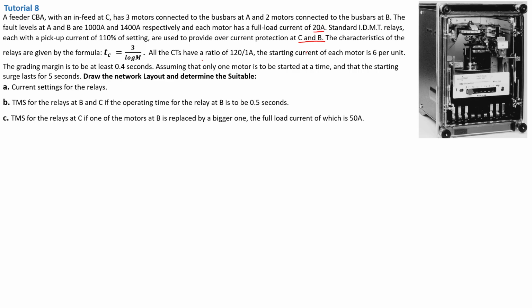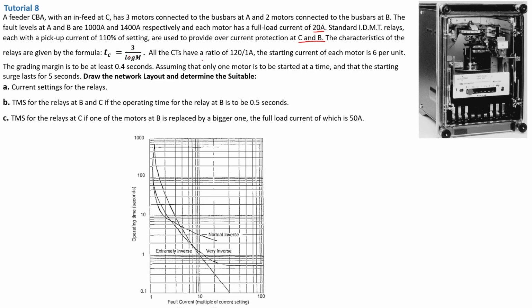The protection is provided at C and B because this is where those relays are attached. Now, the characteristics of the relays are given by the formula t = 3 over log M. This is the IDMT relay inverse characteristics formula. This particular one is the normal inverse or the standard inverse. We've got the extremely inverse and the very inverse characteristics as well.